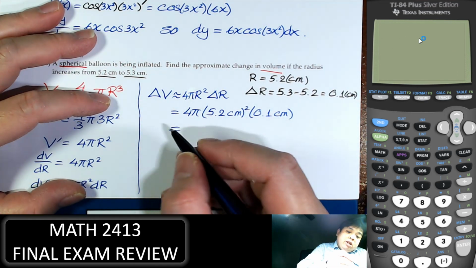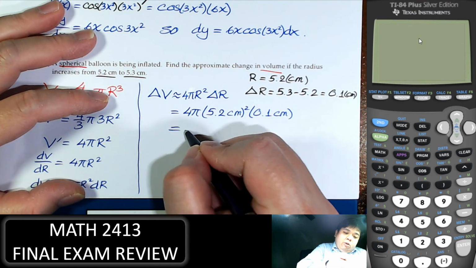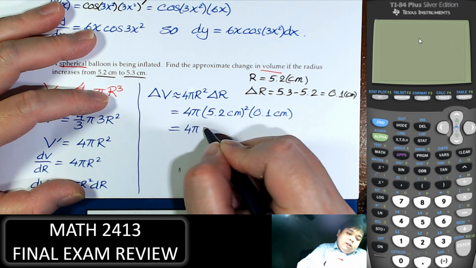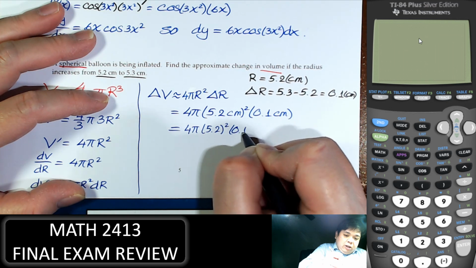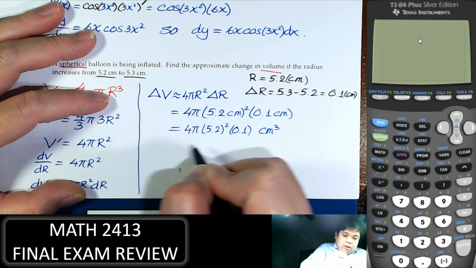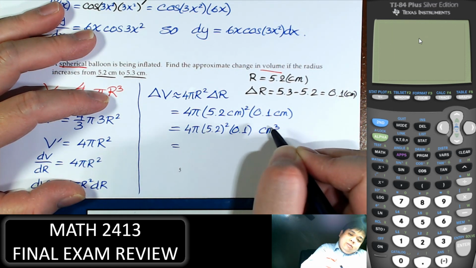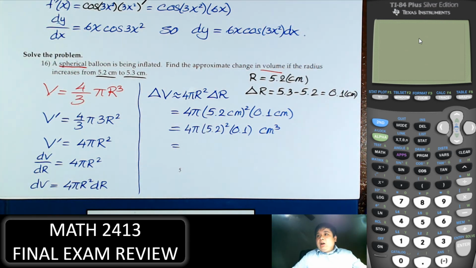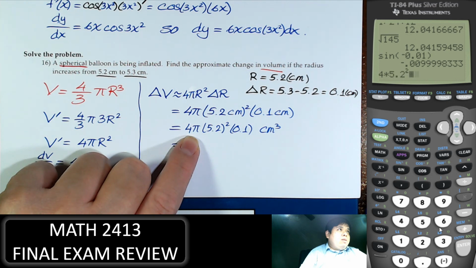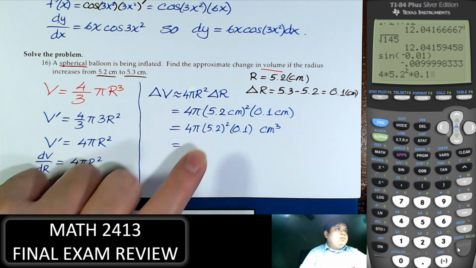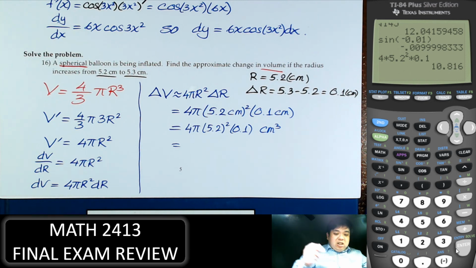That gives us centimeters cubed. 4 pi 5.2 squared times 0.1 centimeter cubed. Right, just do the math there. Just type 4 times 5.2 squared times 0.1. I just write it like that and then stick a pi to it.